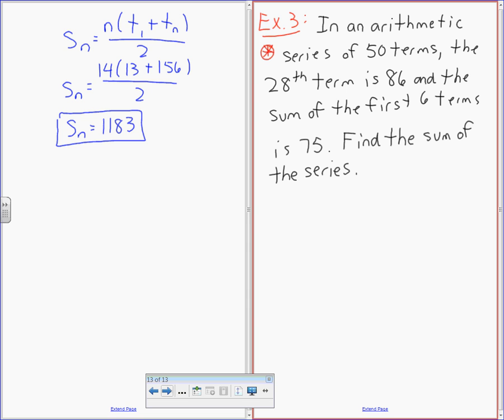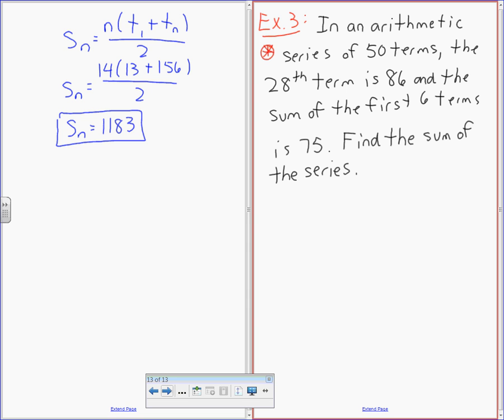In an arithmetic series of 50 terms, we're going to say the 28th term is 86, and the sum of the first 6 terms is 75. Find the sum of the series. That's why it has a star beside it, and that's why we like it here.